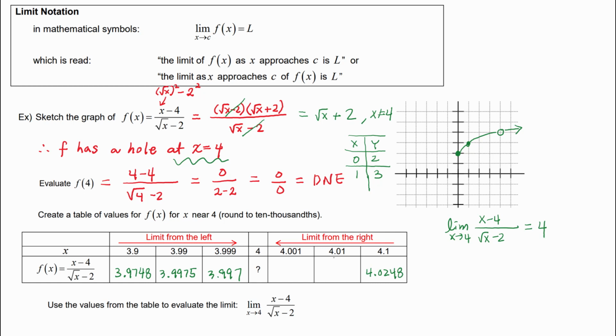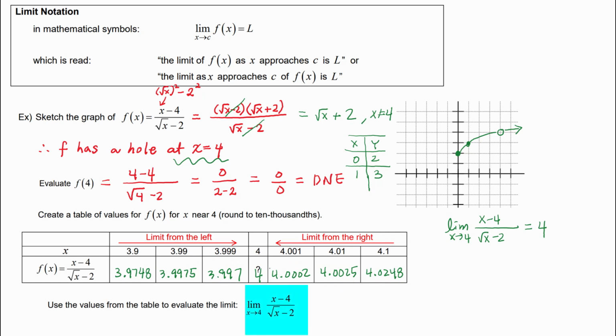Now plug 4.01 for x. You get 4.0025, very close to 4. Now if you plug 4.001, you get 4.0002. So this f of x value is getting very, very close to 4 from both sides.